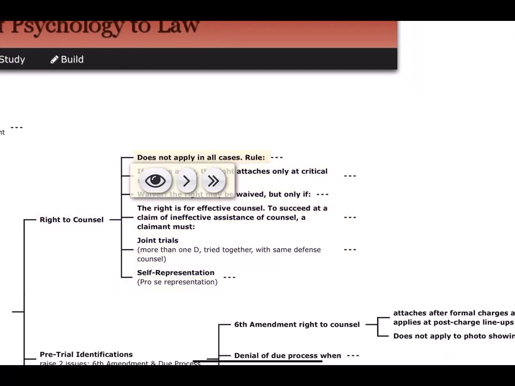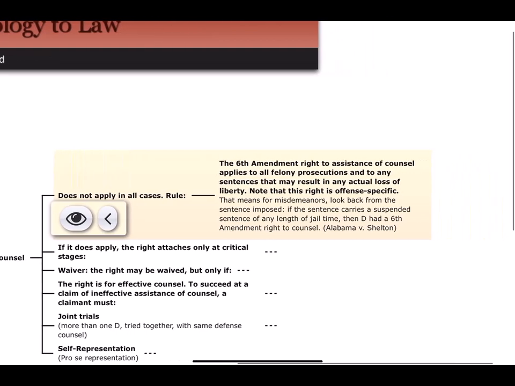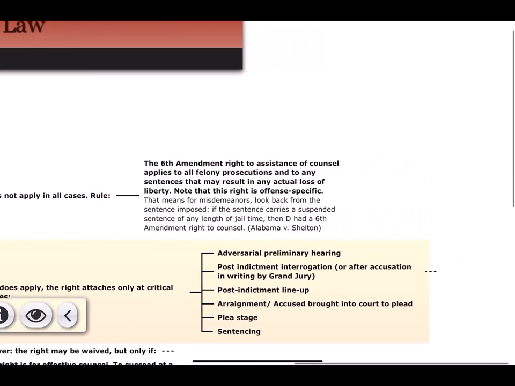And we see that the Sixth Amendment right to assistance of counsel applies to all felony prosecutions. This is a felony prosecution. And to any sentence that might result in any actual loss of liberty. Okay, we have a felony prosecution, so he does have a Sixth Amendment right to counsel. The next question is, are we at a stage where the right has attached?